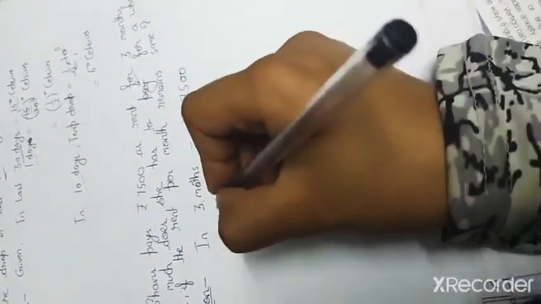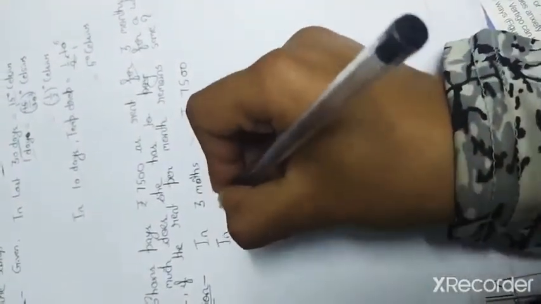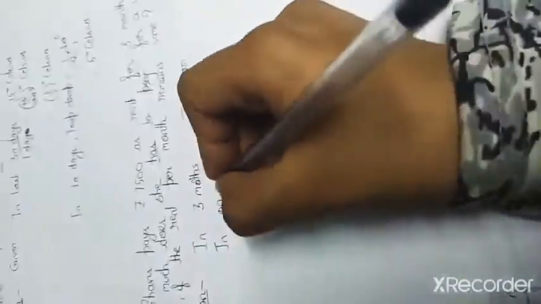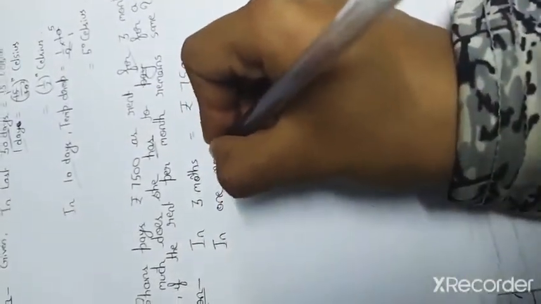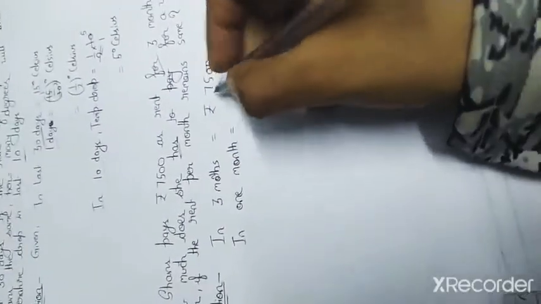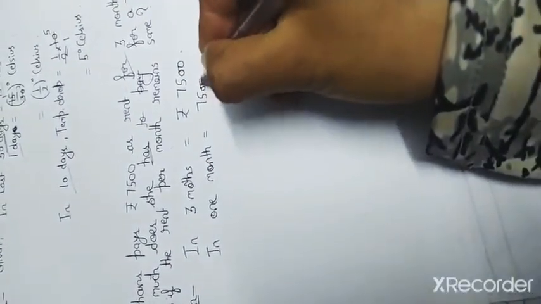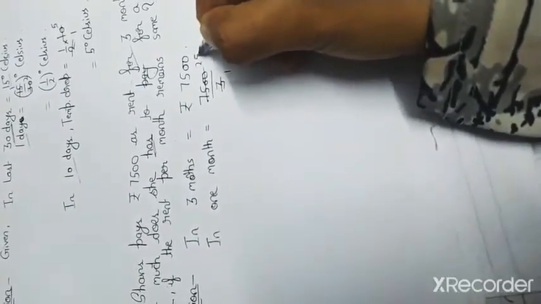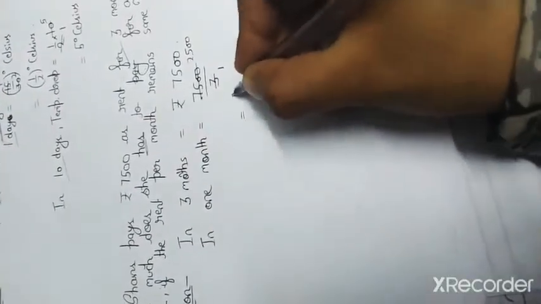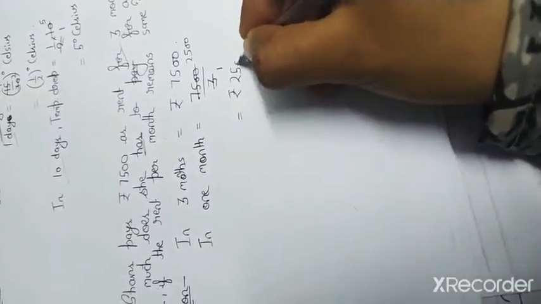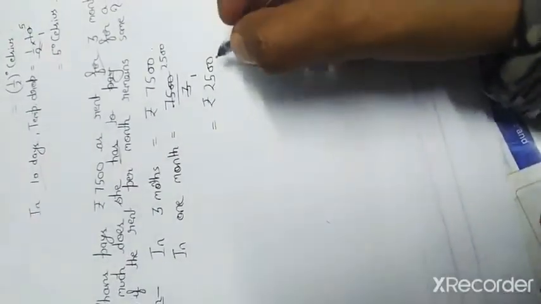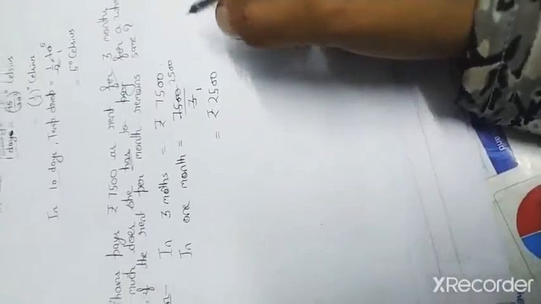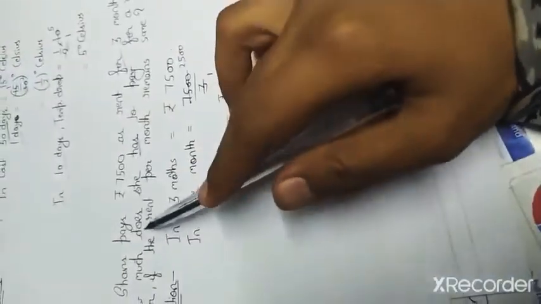Okay. So in 1 month what is the amount she paid? In 1 month the amount is 7,500 by 3. 3 ones are 3, 3 twos are 6, 3 fives are 15, 0, 0. So it is 2,500 rupees.